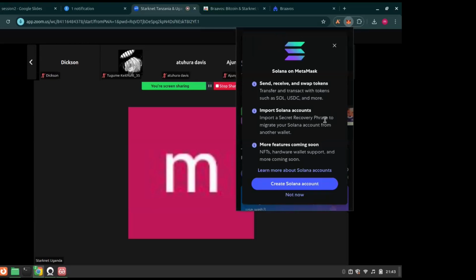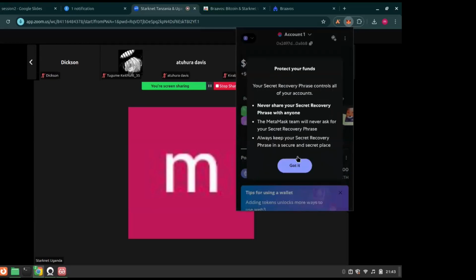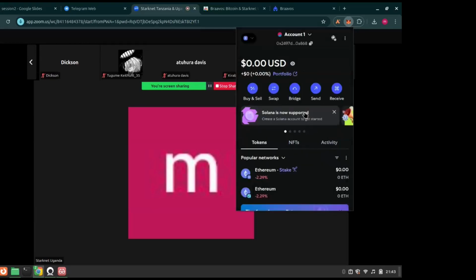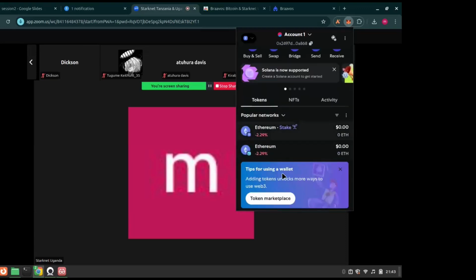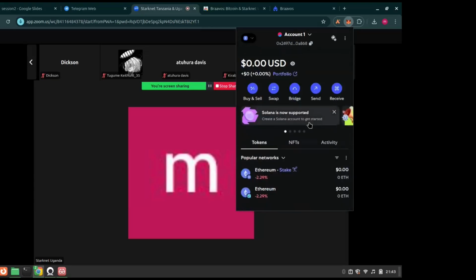The MetaMask wallet looks like this as well. So it has ETH. It's the commonest wallet used on Ethereum.